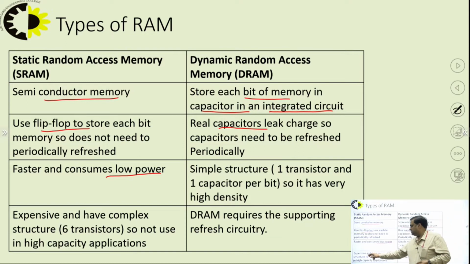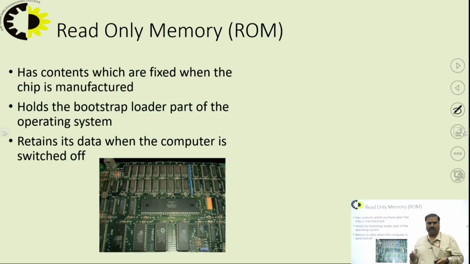Static RAM becomes expensive due to its flip-flops and complex structure, so it is not used in high capacity applications. SRAMs are generally used as cache memory in the computer system. We will discuss cache memory later on.